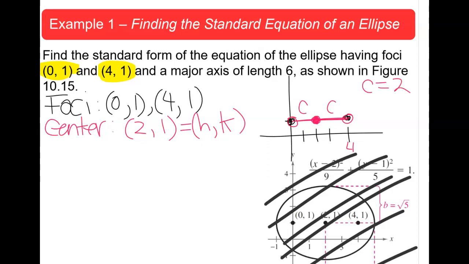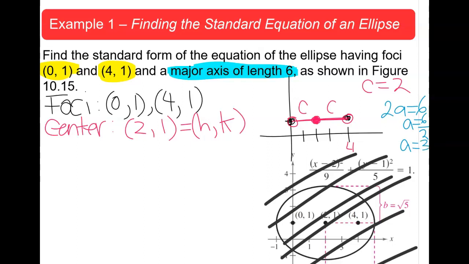Now, we do know one more thing. It's right here. The length of the major axis is equal to 6. So with that, we know that 2a is equal to 6, so a is equal to 6 divided by 2. So a is equal to 3.